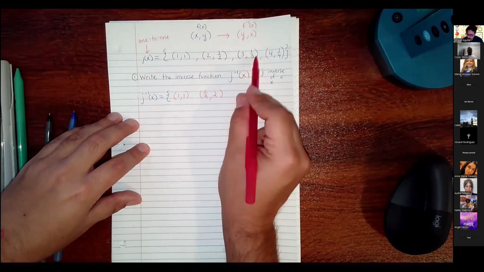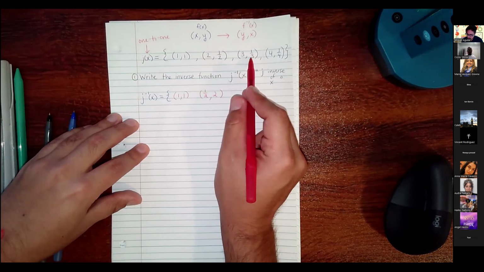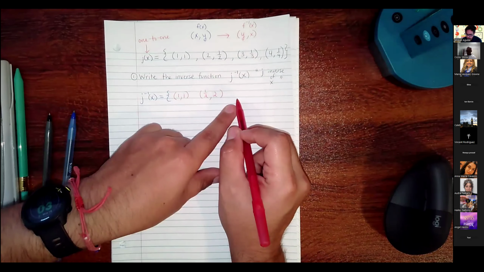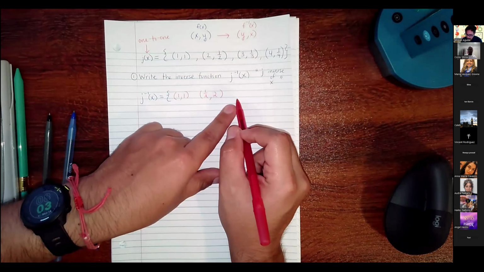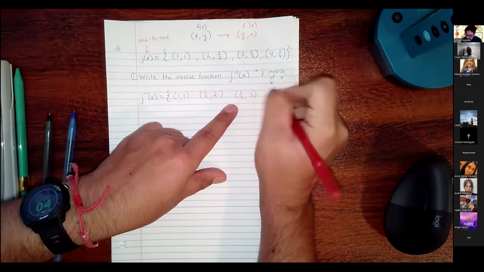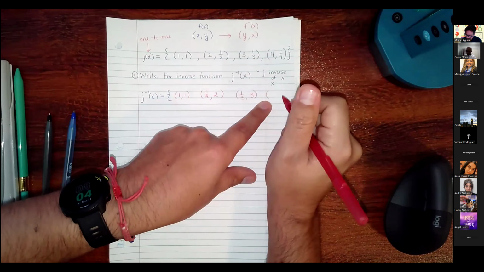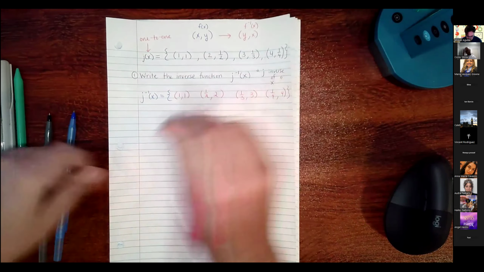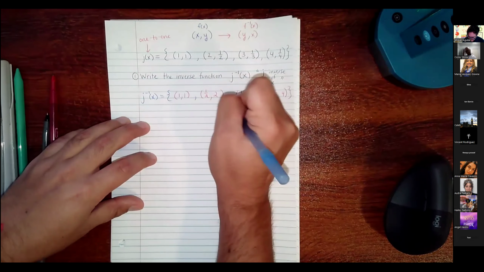So we can now swap this ordered pair. And so what's the next ordered pair that I should have in my inverse function? 1/3, comma 3. And then the last one should be what? 1/4, comma 4. Is that crazy? No.